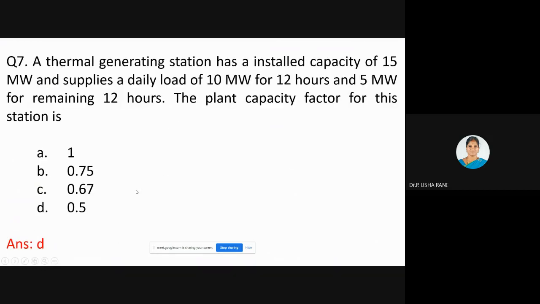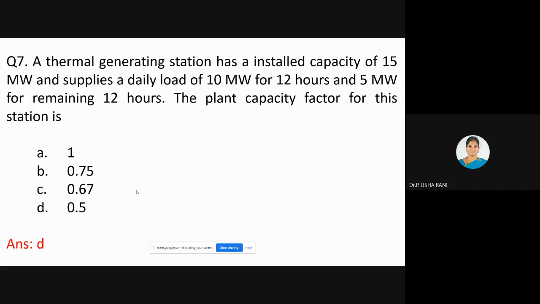Next one, a thermal generating station has an installed capacity of 15 megawatt and supplies a daily load of 10 megawatt for 12 hours and 5 megawatt for remaining 12 hours. The plant capacity factor is how much? They have given 4 options.